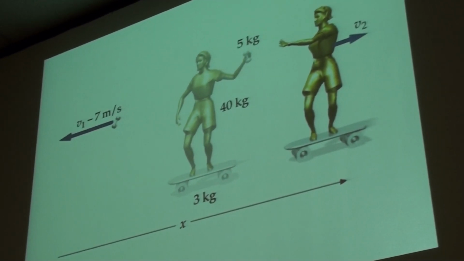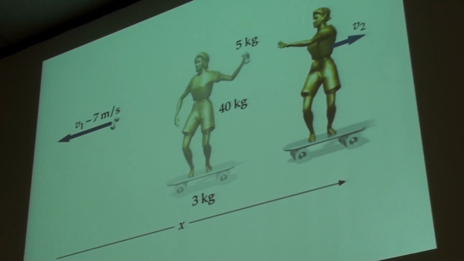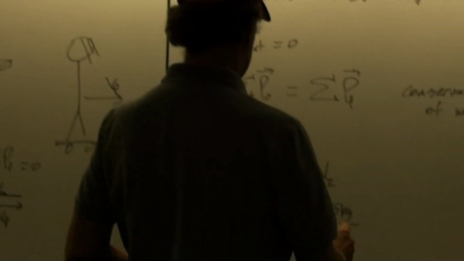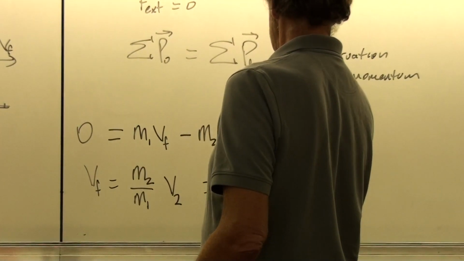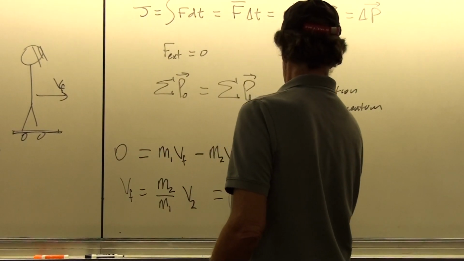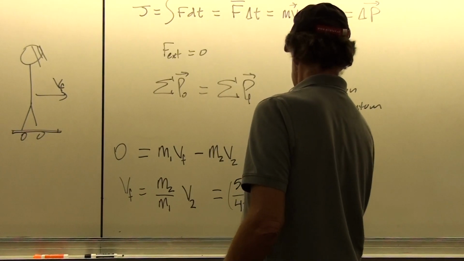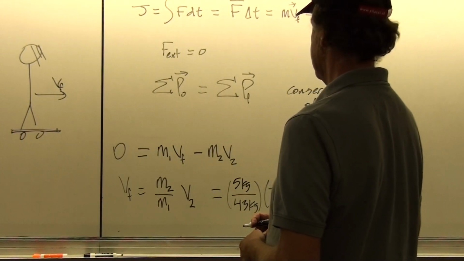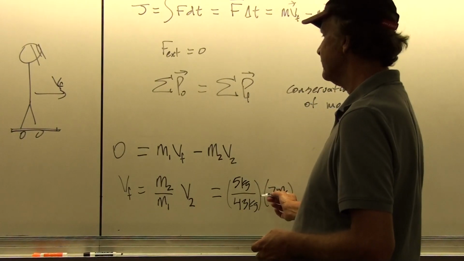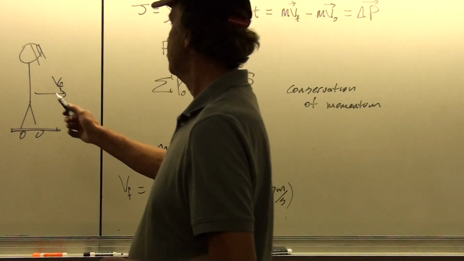Or is it 43? It's 43 because she is the part of the system that's moving, what we could call here M1, is her with the skateboard. Okay? And so that's going to be 43 kilograms times 7 meters per second. So that gives us an expression for the final velocity. It's going to be a lot less than the velocity of the book.